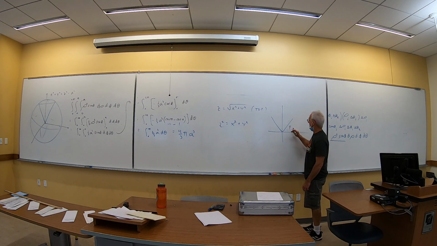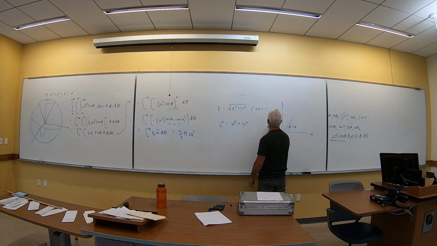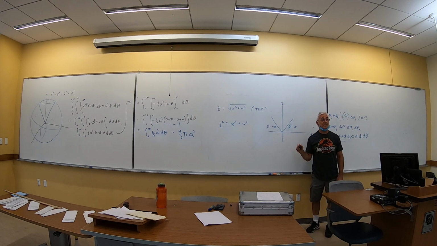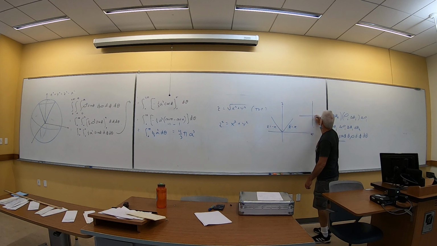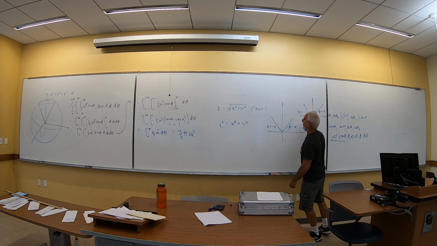This. That's in the xz plane, this will be z equals x, this will be z equals negative x. Both of these lines have 45-degree angles. In the yz plane, what will I see? The same thing, z equals y, z equals negative y.